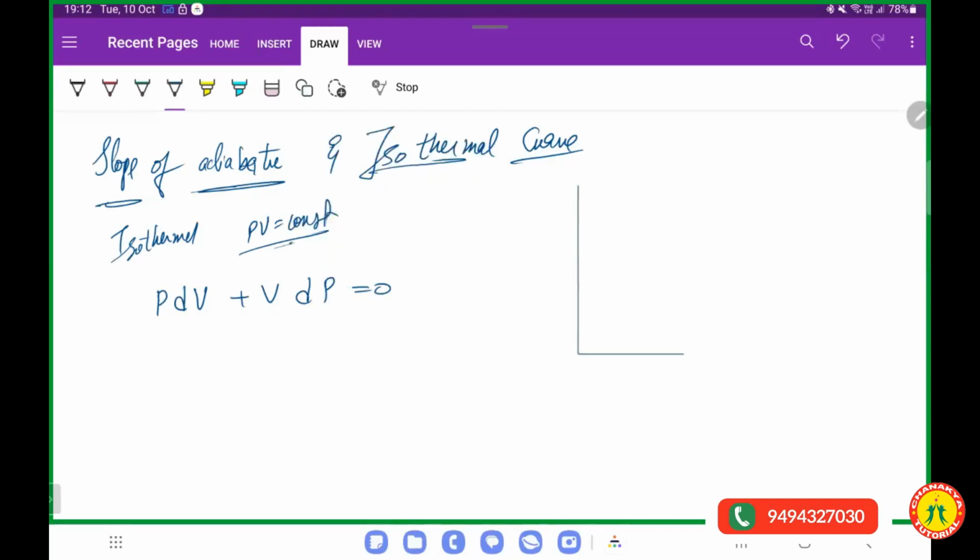So if I draw this curve, this is isothermal.